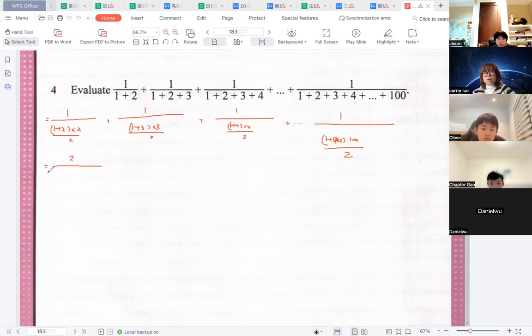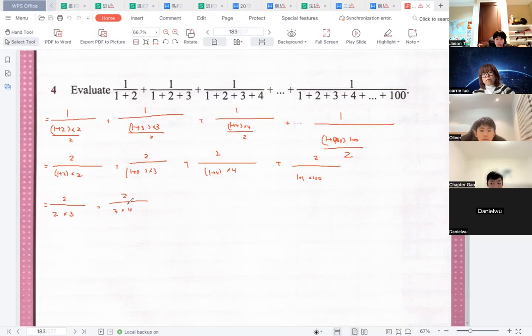Okay, so when you have 1 over anything, you just split them. So 2 over 1 plus 2 times 2, plus 2 over 1 plus 3 times 3, plus 2 over 1 plus 4 times 4, plus all the way to 2 over 101 times 100. Okay, so basically 2 over 2 times 3 plus 2 over 3 times 4 plus 2 over 4 times 5 plus all the way to 2 over 100 times 101.